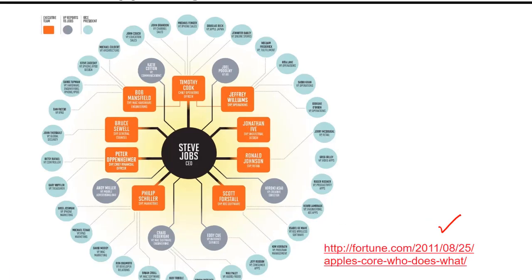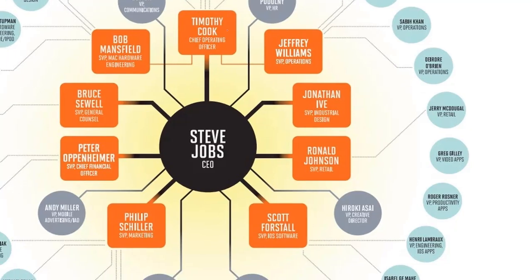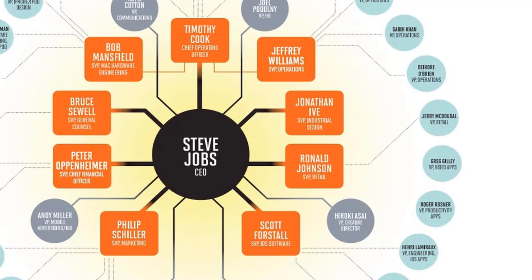He has lots of senior officers reporting to him, including the current CEO, Tim Cook, over here. Another important person is Johnny Ive, who is the Senior Vice President of Industrial Design. He and certainly Steve Jobs together are responsible for a lot of the wonderful design that you enjoyed in terms of iPhone and iPad from Apple.